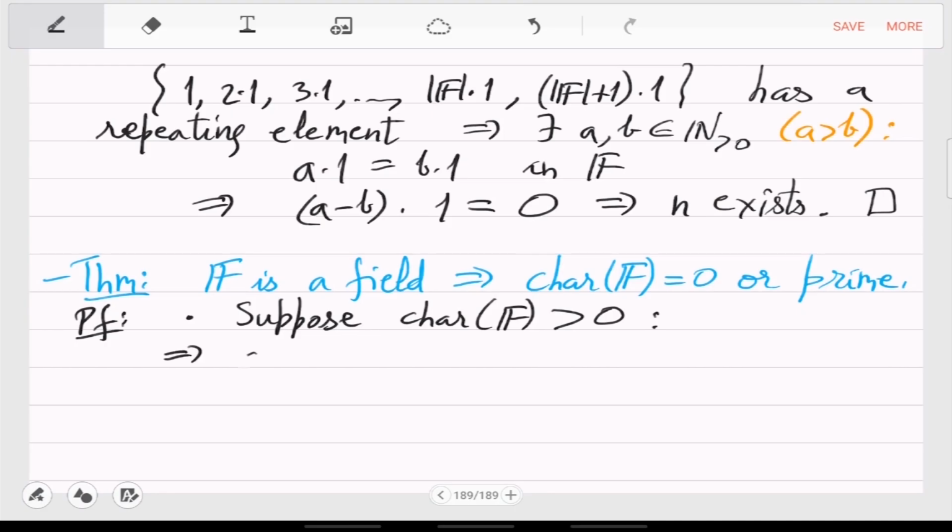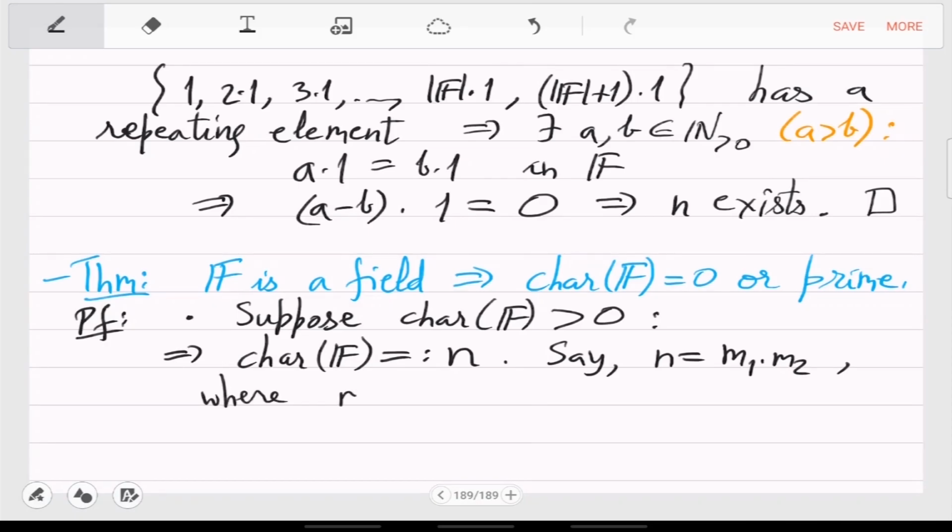Let's say the characteristic is n as in the proof above, and say it factors: n is equal to m1 times m2, both of them greater than 1.